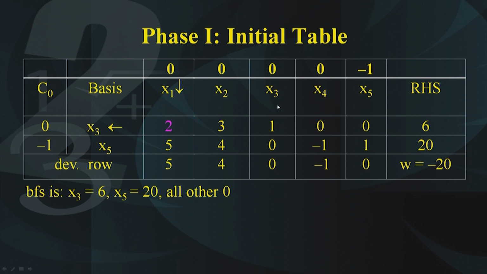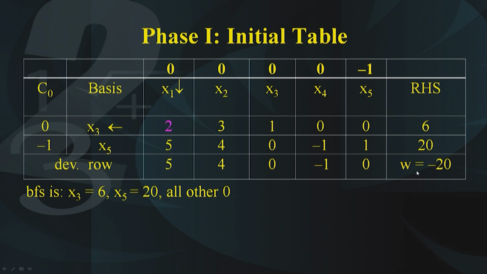Now, x3 is a basic variable, so its entry in the deviation row is 0, and similarly the x5 variable is also a basic variable, so its entry also is 0. Only x4 will be different and it is 0 minus 1 multiplied by 0 minus 1, and that comes out to be minus 1.